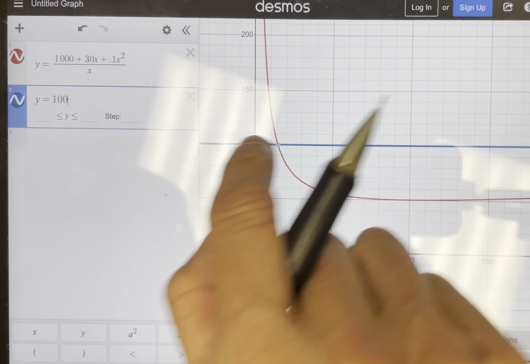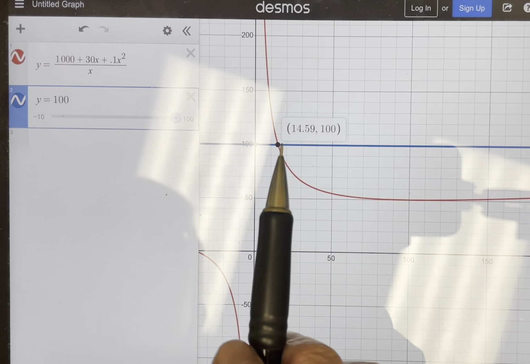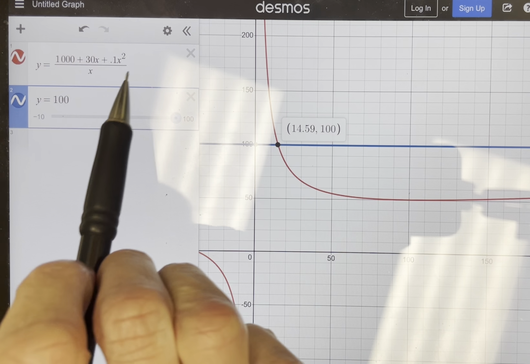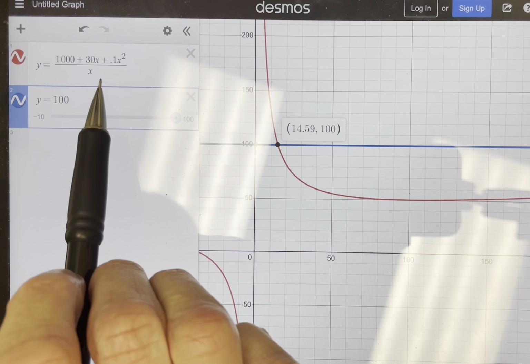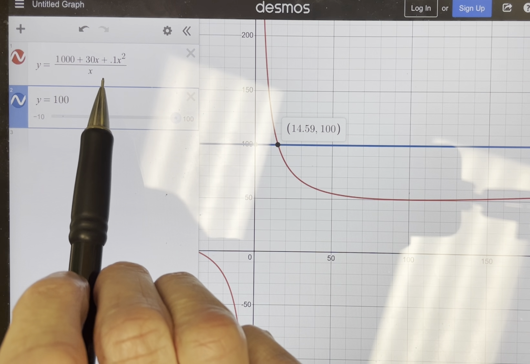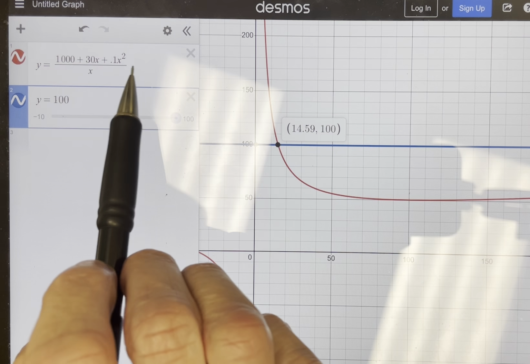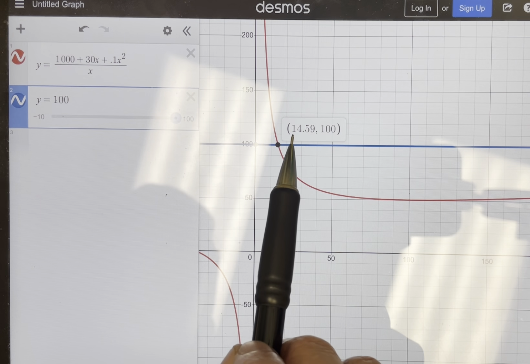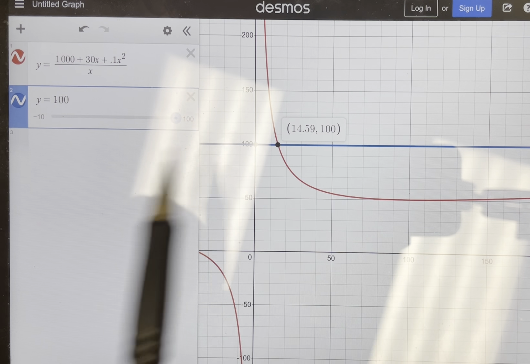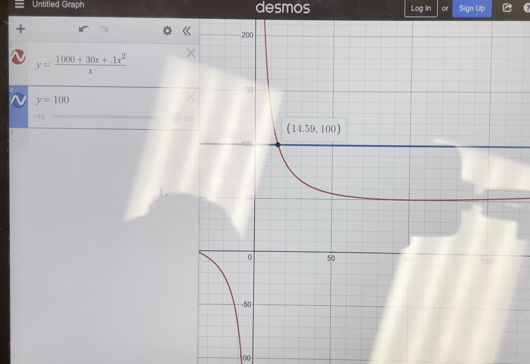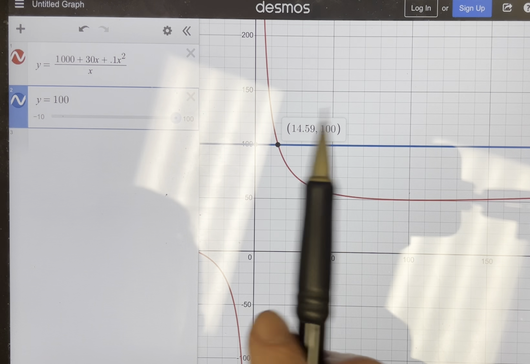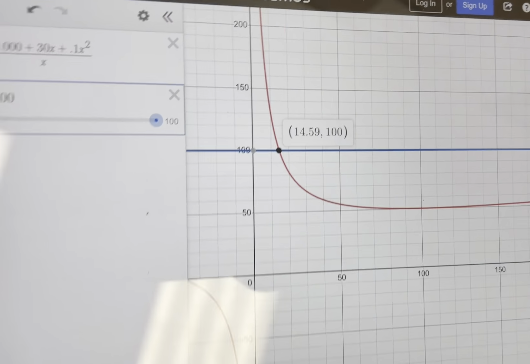And so we can see right there, the number of sets, the average cost of 100 is the result of 14.59 TV sets, which I would imagine, because we haven't gotten to the 15th TV set, means we have 14 TV sets.